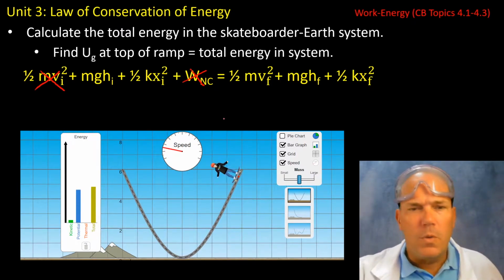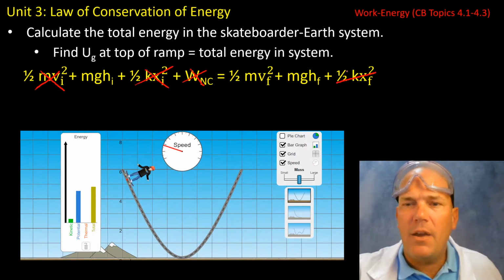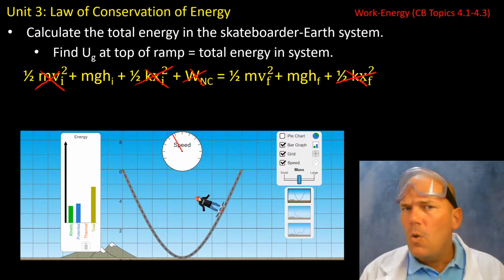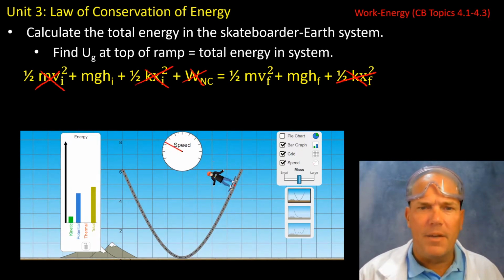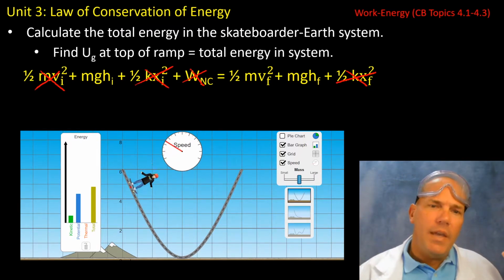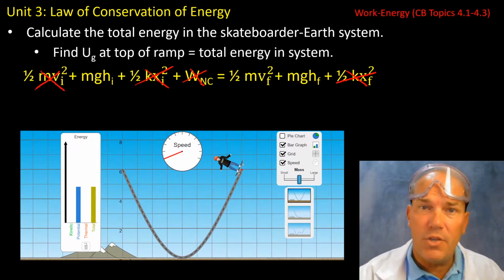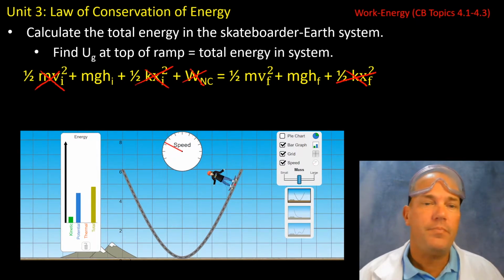Then, of course, we do not have any springs or any elastic material at all in this scenario, or in this video for that matter. But I'm including it in the overall equation so that you understand that it could be a part of the mechanical energy of the system.